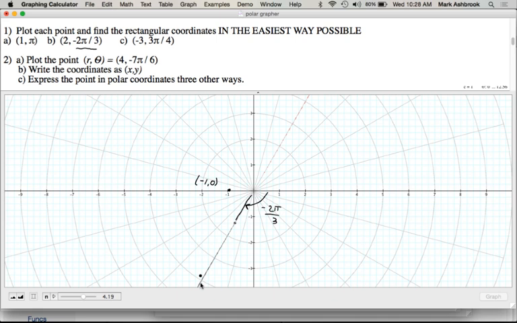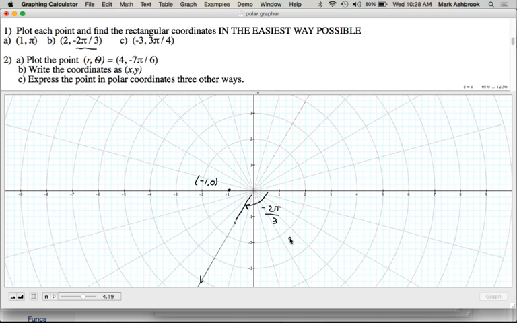So this is the direction now. Once you pick that angle, that's the direction of positive r. Positive now is in that direction. Everything about that feels negative, right? But if you sweep to that angle, negative 2 pi over 3, now positive values of r go in that direction of the terminal ray of that angle.